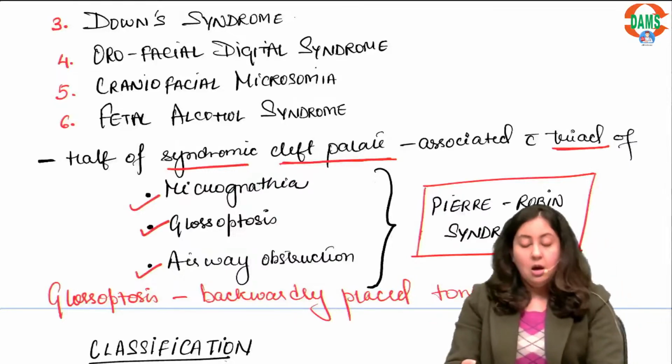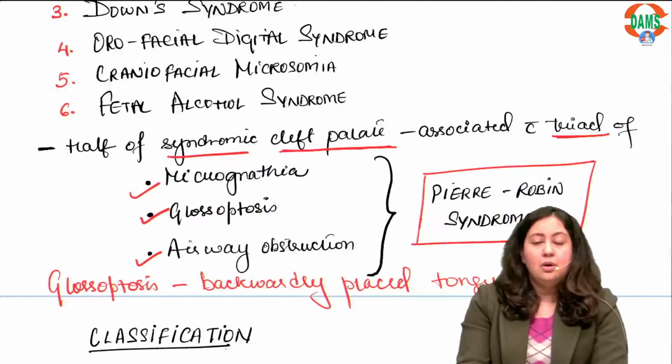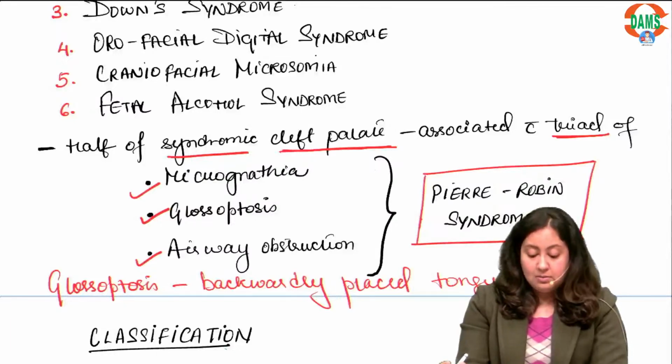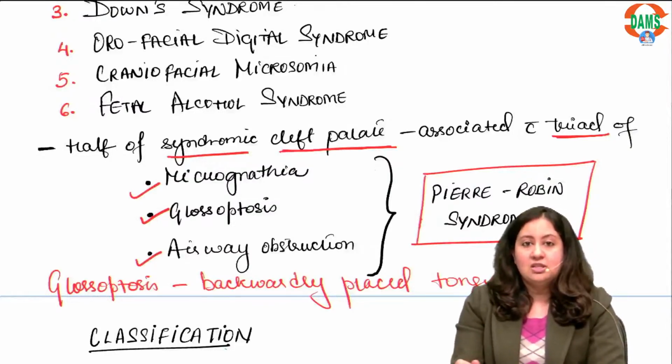Also, I would like to highlight over here, some books use the terminology Pierre-Robin sequence also, and some books use the terminology Pierre-Robin syndrome. Now, what is the difference between syndrome and sequence?